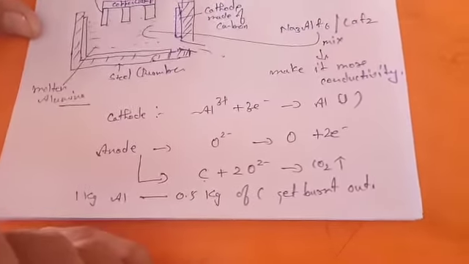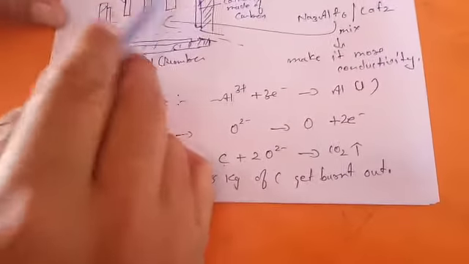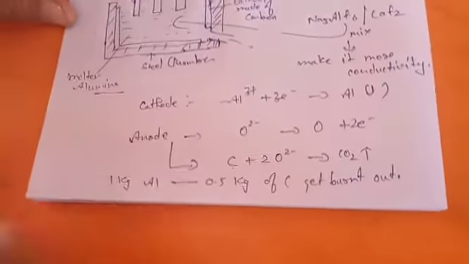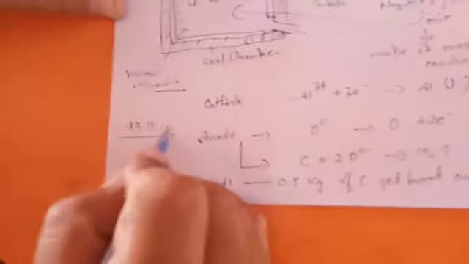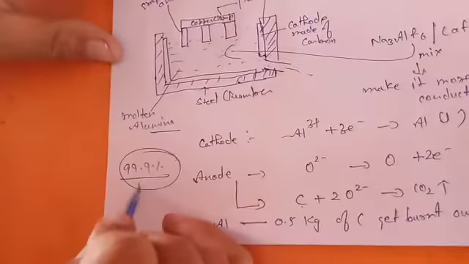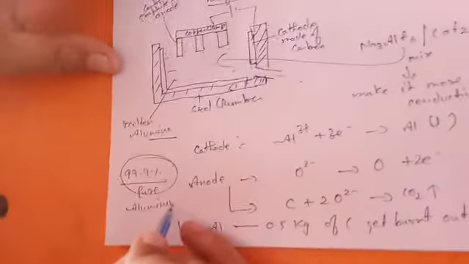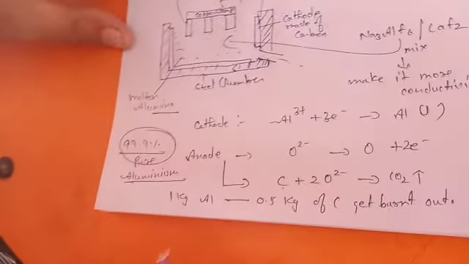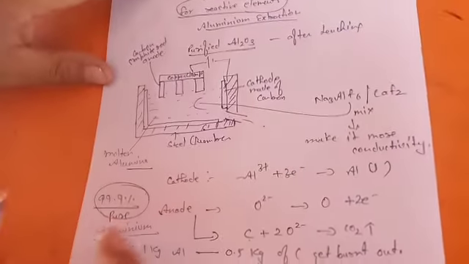So we have to keep replacing these electrodes. But the aluminium you get this way is 99.9% pure, because the process is electrochemically based. This is the whole concept of electrometallurgy and how we extract.